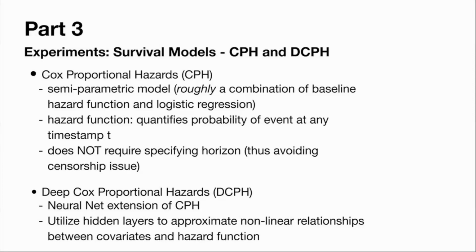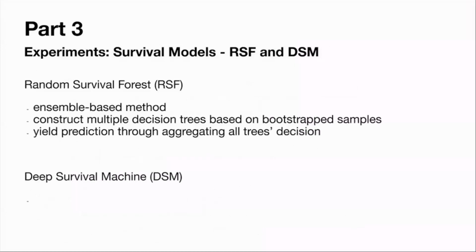The good thing about CPH is that it does not require specifying horizon, thus avoiding the censorship issue that we talked about earlier. And the deep Cox proportional hazards is a neural net extension of CPH, which utilizes hidden layers to approximate nonlinear relationships between covariates and hazard function. There are also some more survival models. We also use random survival forest and most importantly, deep survival machine.